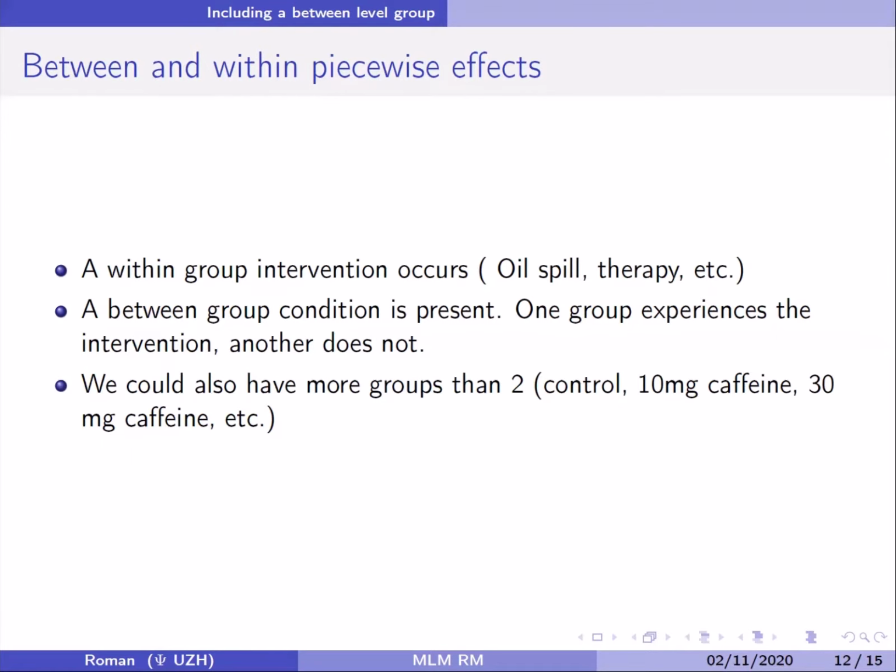An oil spill occurs, we measure for another 6 months. But now we also have a between group condition, where one group experiences the intervention and the other does not. So we have maybe a region of the ocean we're measuring which does not have an oil spill to provide as a control condition for comparison.